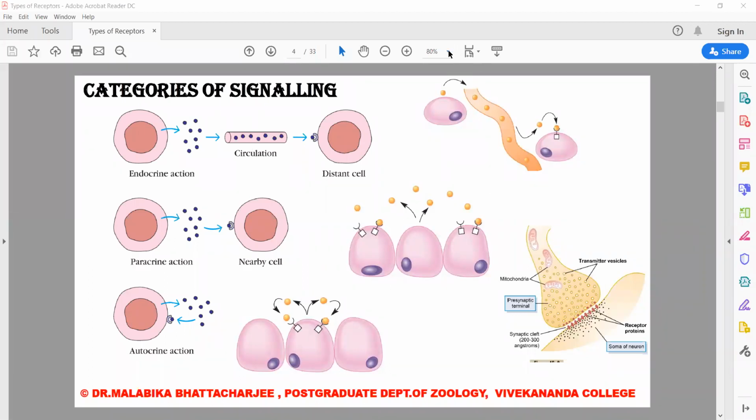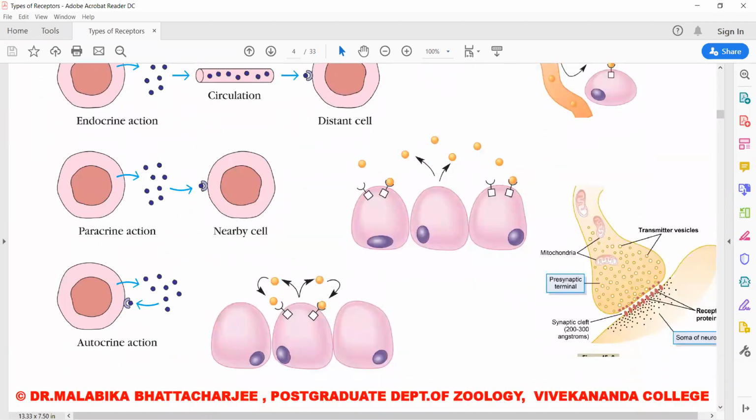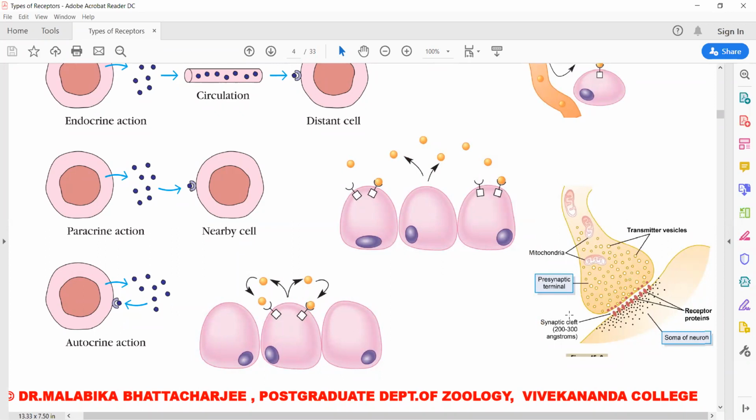I've shown this picture. This is a synapse, and you have studied earlier that in the synapse, the presynaptic neuron liberates certain neurotransmitters, a perfect example of which is acetylcholine. These neurotransmitters are then taken up by the receptors present on the postsynaptic membrane, and the postsynaptic membrane is thus activated.